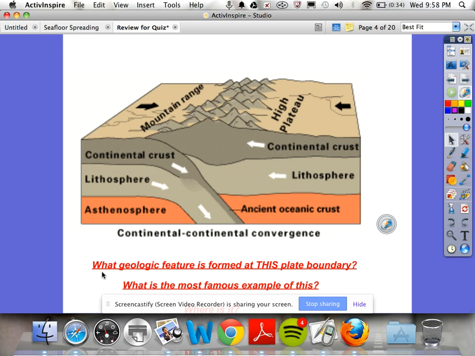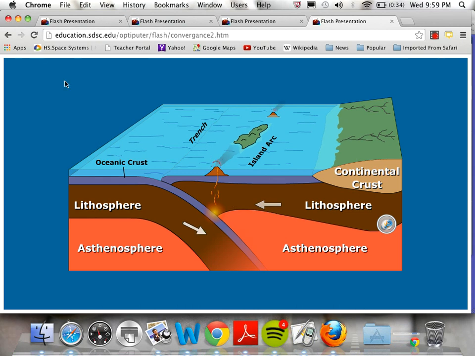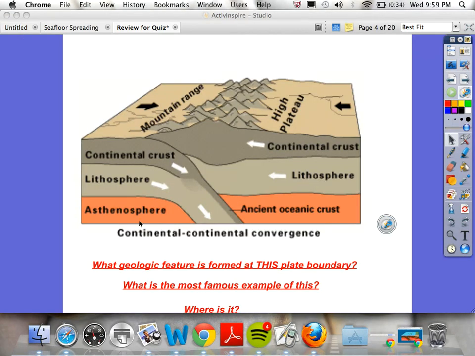The question is, what geologic feature is formed at this plate boundary? What is the most famous example of this continental convergence plate boundary? And where is it in the world?